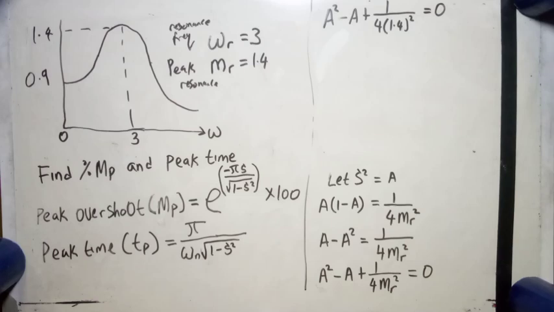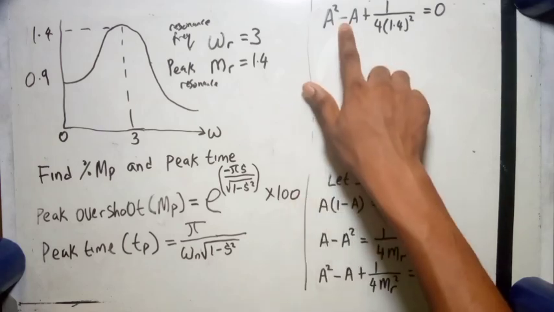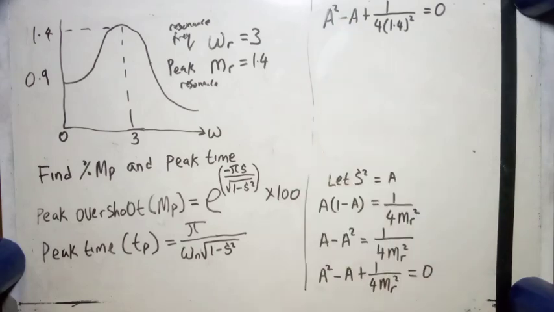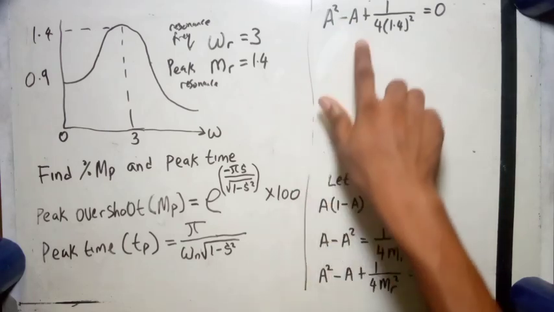You will click on mode, then 5 to select equations, then 3 for quadratic equation. For the first one, representing our a, will be the coefficient of this, which is 1. For the second one, which is our b, will be minus 1, representing the coefficient of our a here.